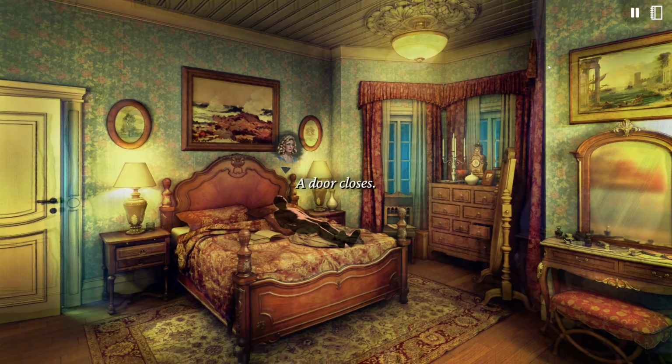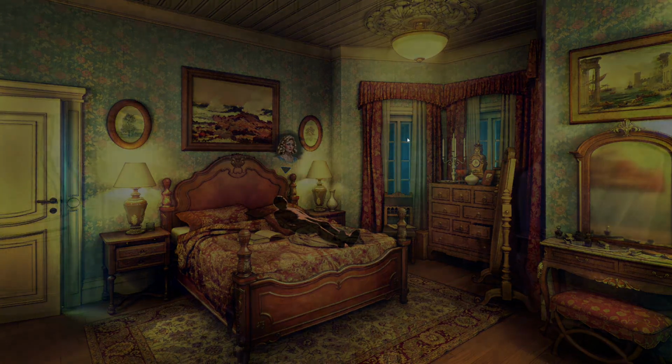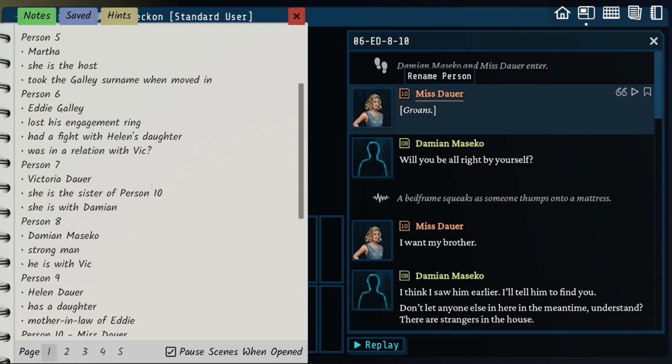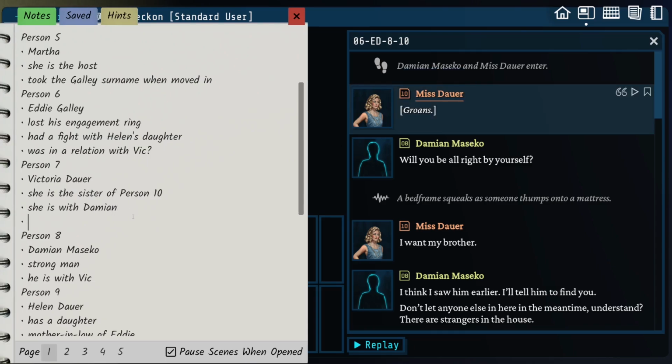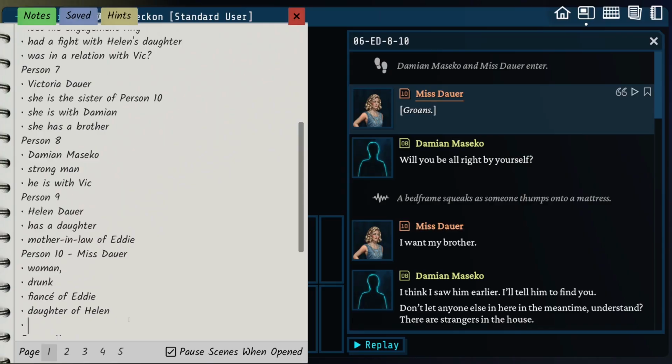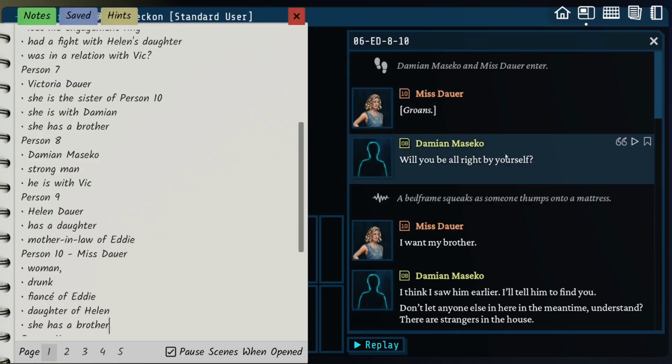And she has a brother. Okay. Is that Tony at this point? She has a brother. And also she has a brother we don't know about.